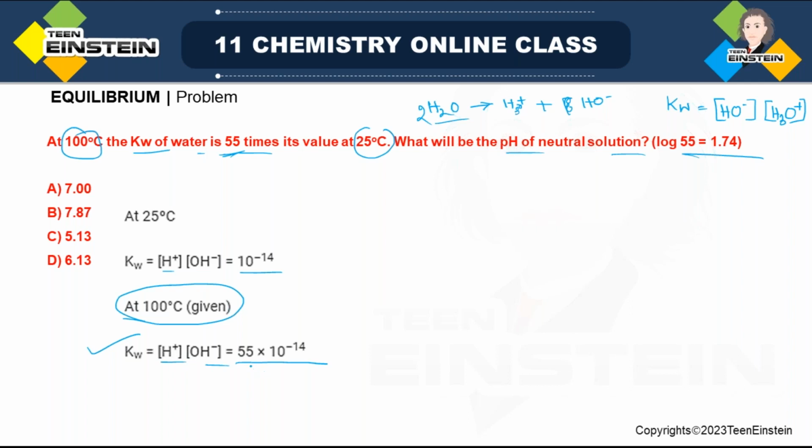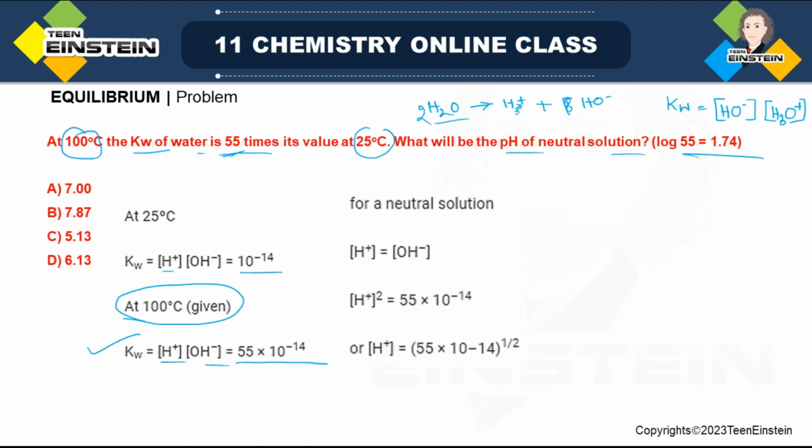By taking the root of 55 into 10 to the power minus 14. As it is a neutral solution, the number of H+ and HO- are the same, so in place of HO- you can write H+. So it is H+ squared, equal to 55 into 10 to the power minus 14. Next you take the root, that is, to the power half.